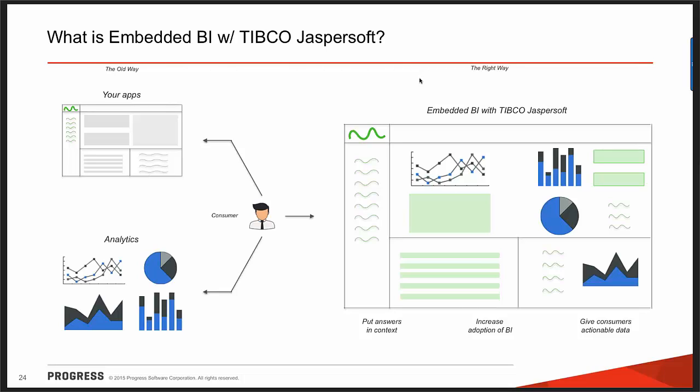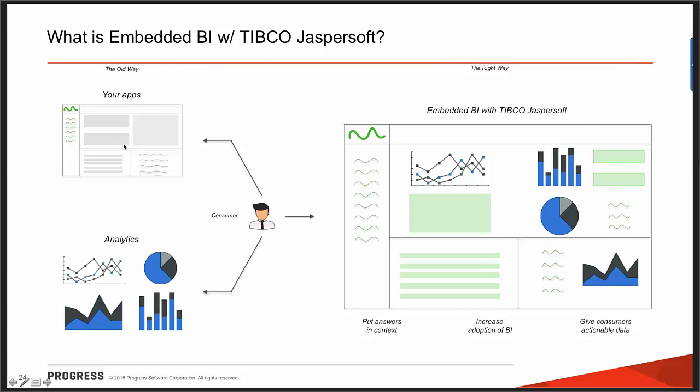The tricky part is actually getting that data into the hands of your internal staff, your end users, whoever your customer may be, and getting the data to them in a timely manner, and most importantly, getting them the data when they're looking to make a decision. So if you take a look at this slide, the idea is basically this. You've got your customer, you have your analytics, and you have your applications.